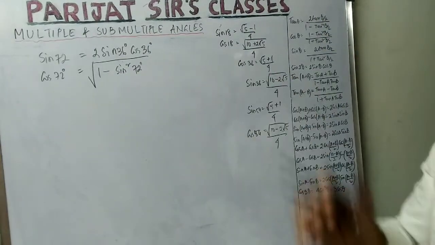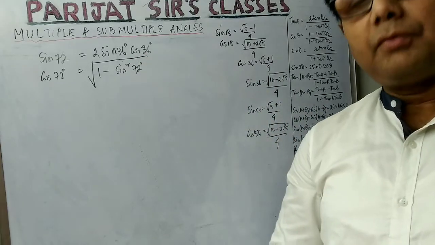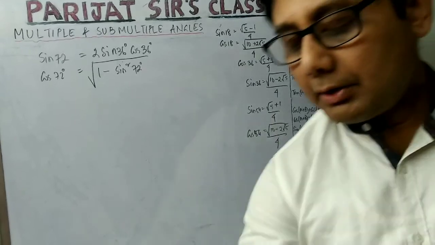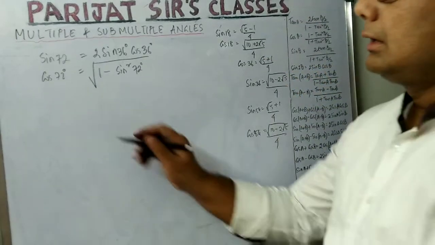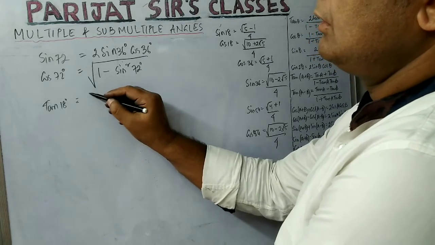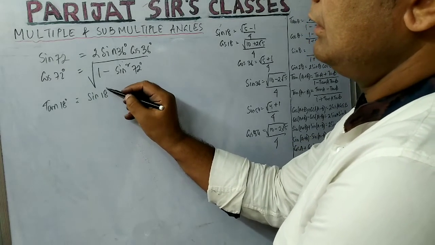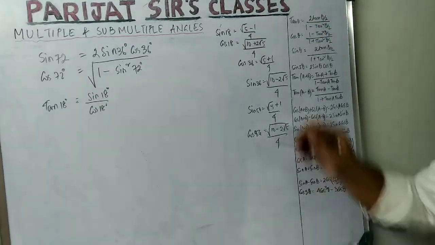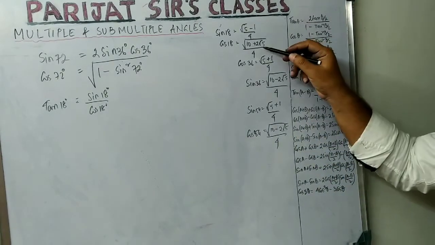So what I am trying to tell you is, this is the way you can find the multiple angles of many trigonometric ratios. Similarly, I can easily calculate the value of tan 18, which will be sine 18 by cos 18 degree. Sine 18 we know, cos 18 we know.